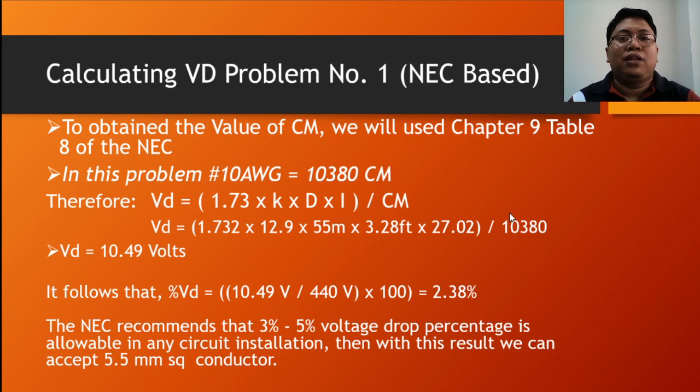So, basically, if we will check the result of the Philippine Electrical Code approach and the National Electrical Code approach, halos parehas lamang po yung resulta. So, any method yung gamitin mo dito sa dalawang to, it will be the same. But I highly recommend na gamitin natin muna, since nandito tayo sa Pilipinas, yung Philippine Electrical Code approach. Okay?